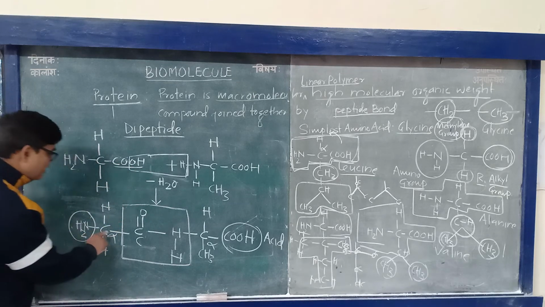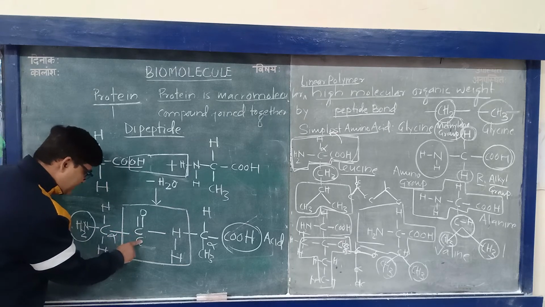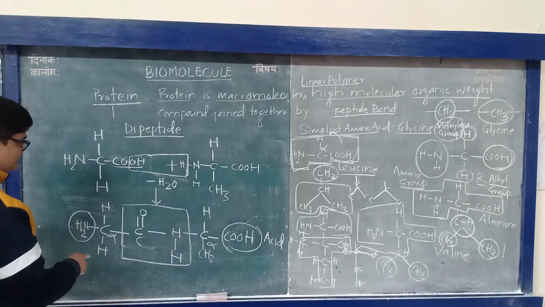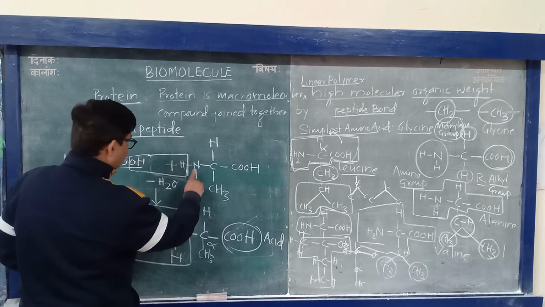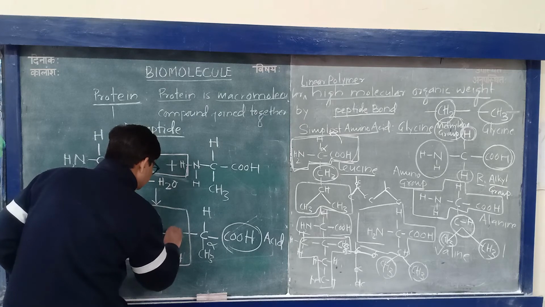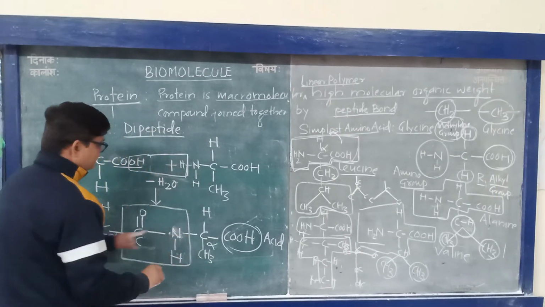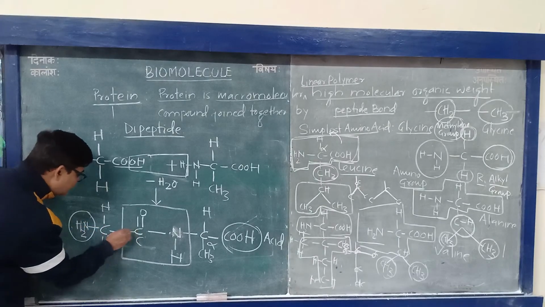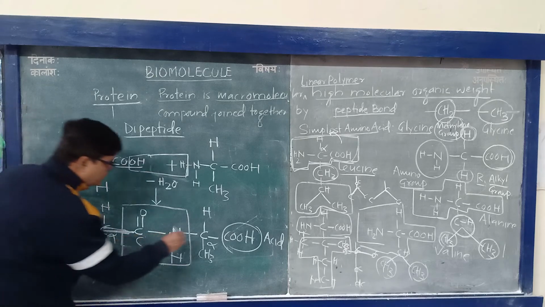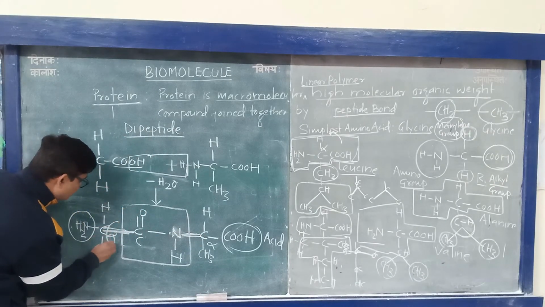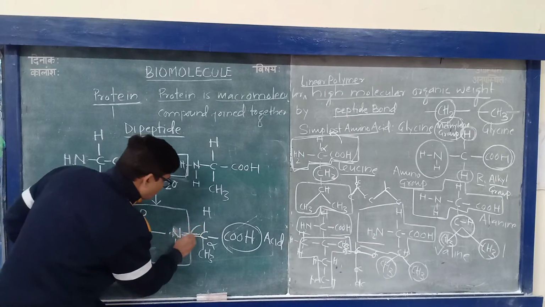There is C alpha, then C, and that is N, not H. It is N. Then C alpha. So you will find rotation of only this bond and this bond. Means this bond can rotate and this bond can rotate.